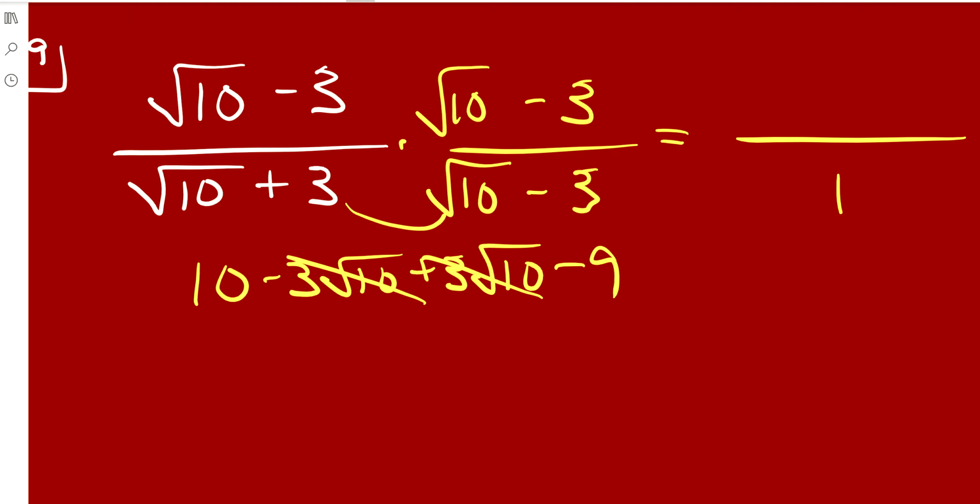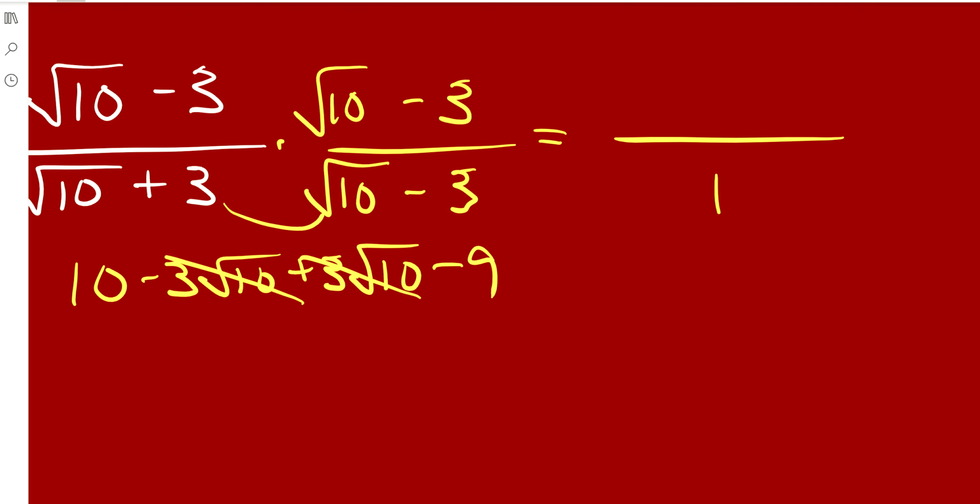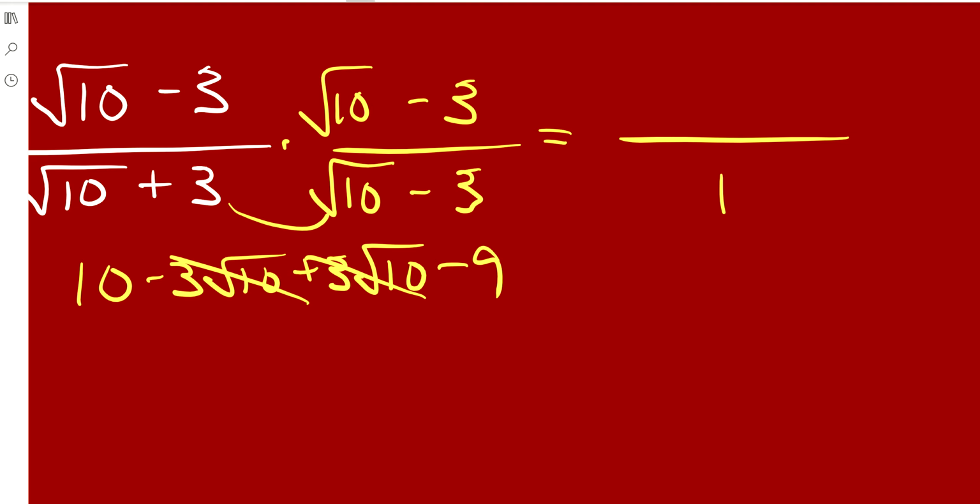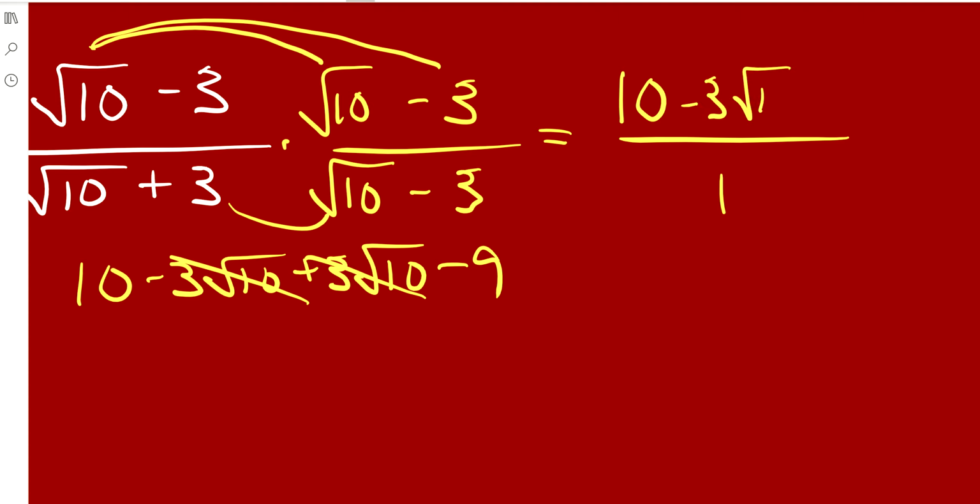And then I'm going to FOIL the top now. And this time they're the same. So let's see what I can do here. Square root of 10 times the square root of 10 is 10. Outside is square root of 10 times negative 3, which is negative 3 root 10.